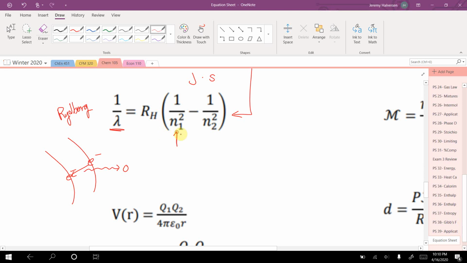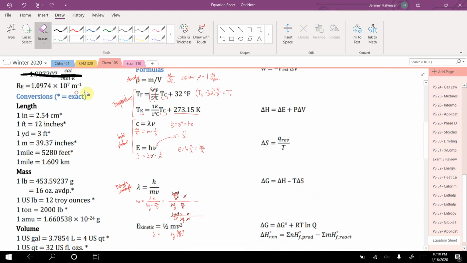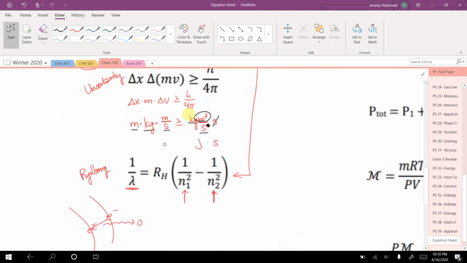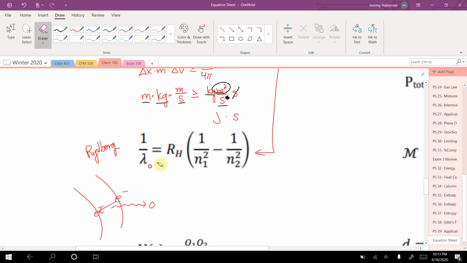So if I pick one of my n's and then my other n, and this is the Rydberg constant, which again is given here, that will give me 1 over the wavelength. And the units make sense because n's are unitless. Rydberg's constant is 1 over m, and this would be 1 over m for 1 over the wavelength.